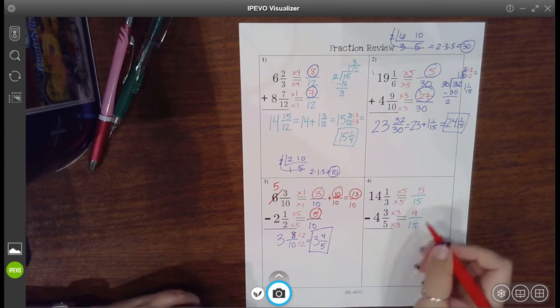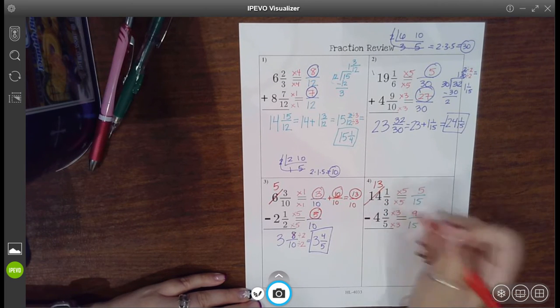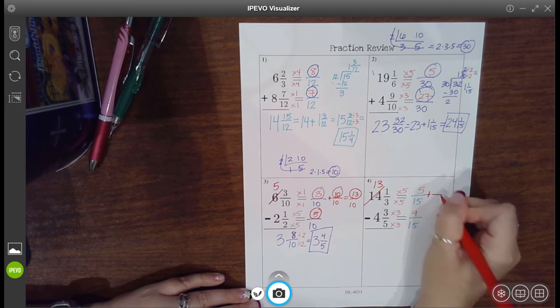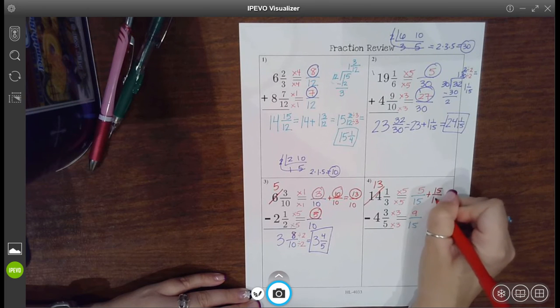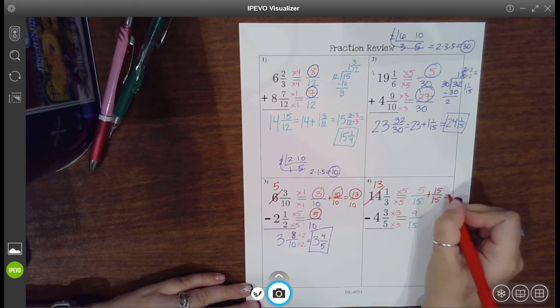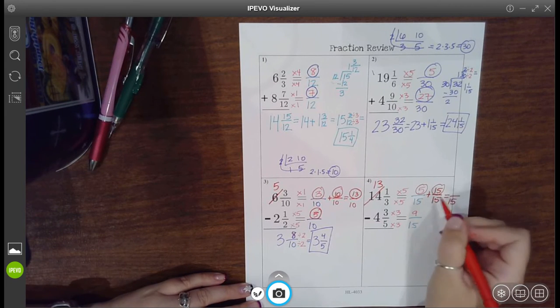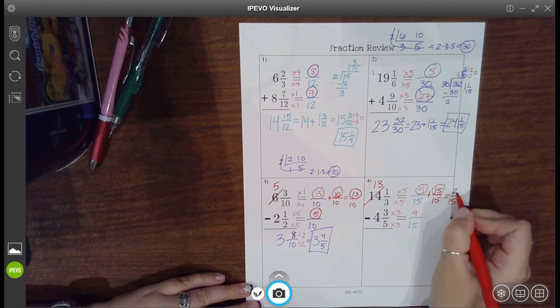Can you take 9 away from 5? No. So I'm going to borrow 1 from the 14 and add 1 back as a fraction with the same number over itself. Pick whatever this original denominator was, so that then you can keep the denominator the same and combine these two. 5 plus 15 is 20.